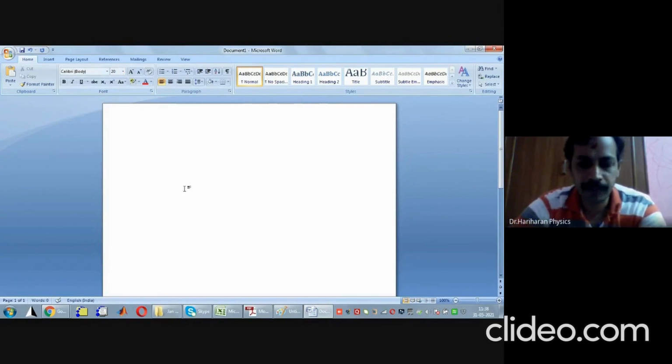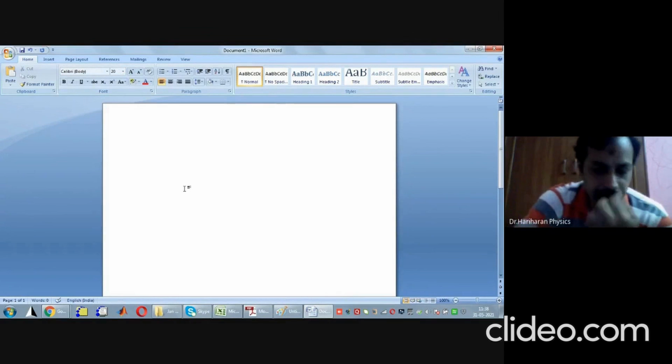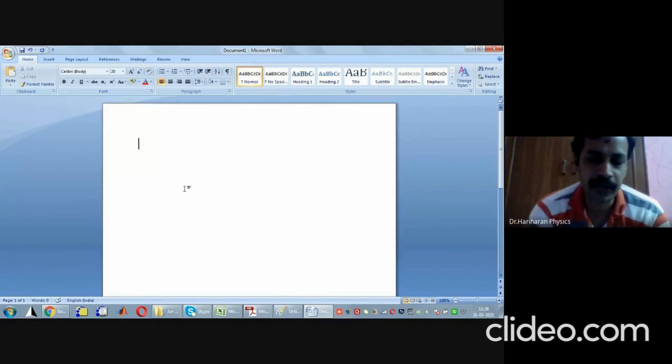See, for example, if I take the parametric representation of a circle, it's given by, say, x of t, x is equal to a cos theta, then y is equal to a sine theta.